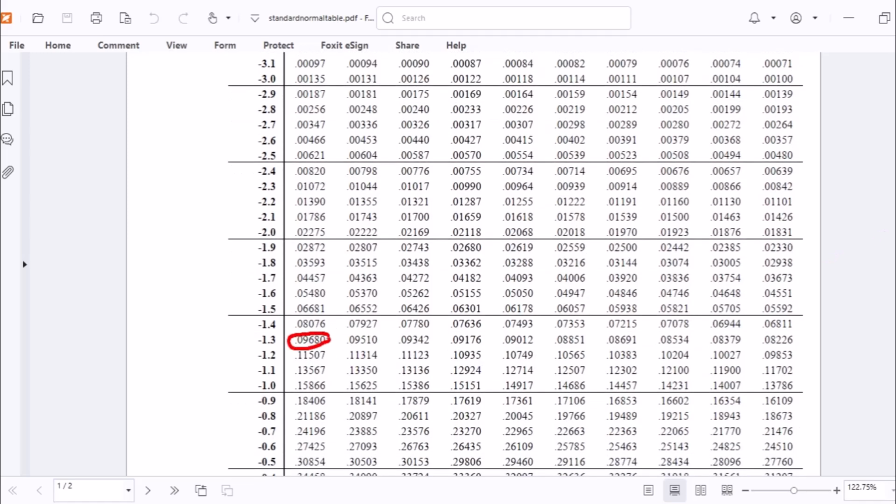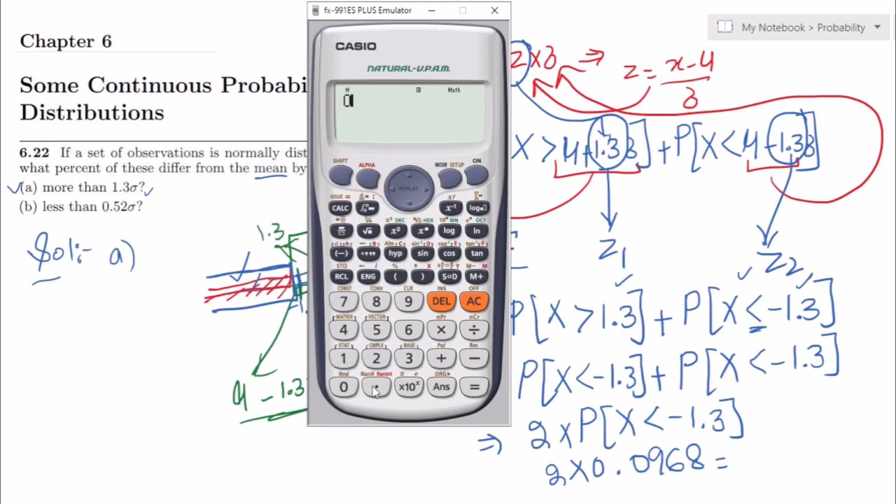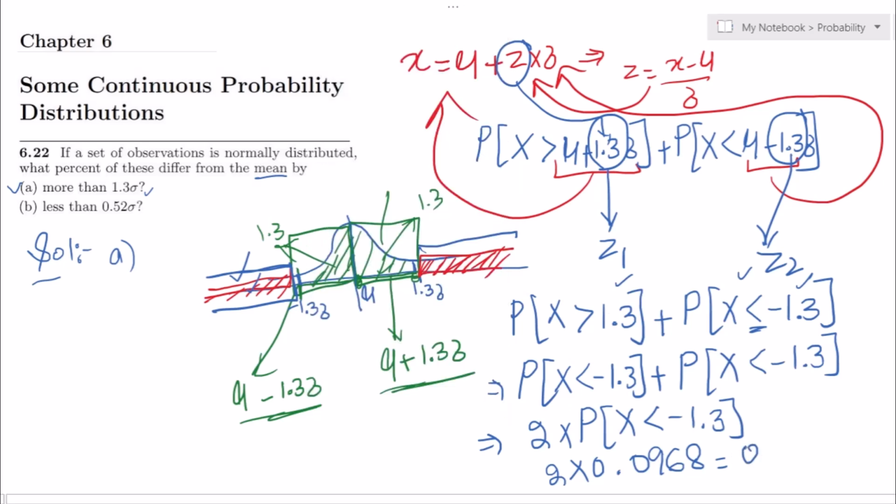This value at minus 1.3 is 0.0968. Multiplying it by 2, 0.0968 multiplied by 2 would be 0.1936.